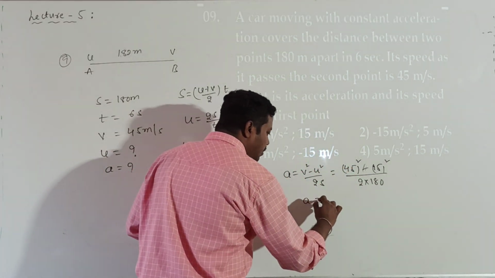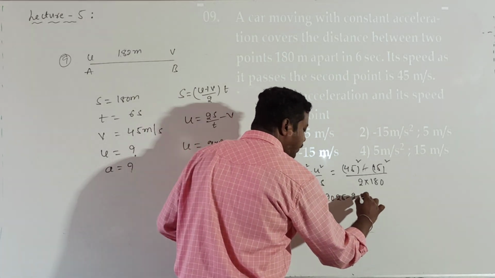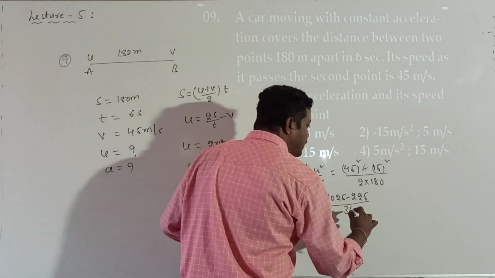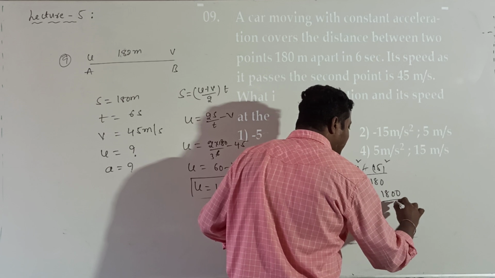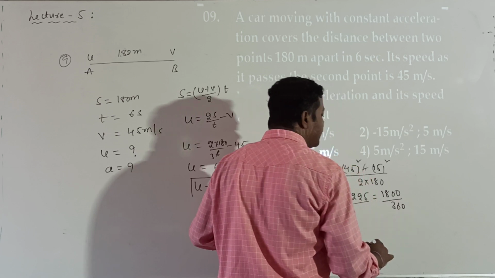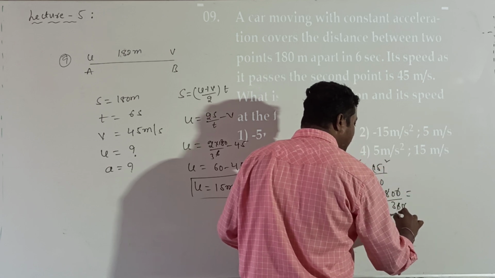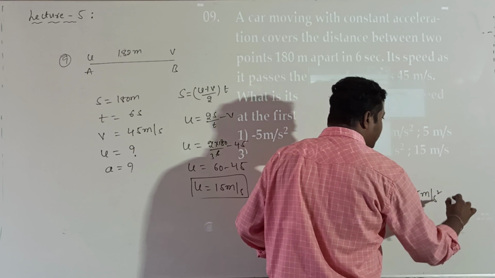The a value is equal to 2025 minus 225 divided by 360. So that is 1800 divided by 360, which is nothing but 5 meters per second square.